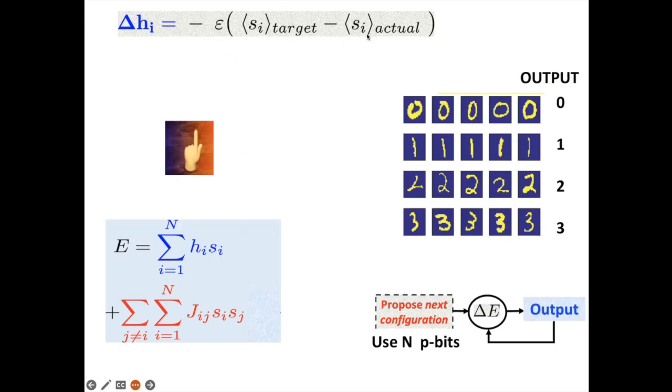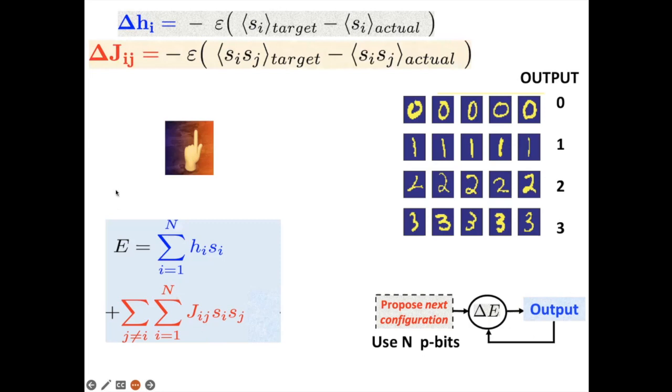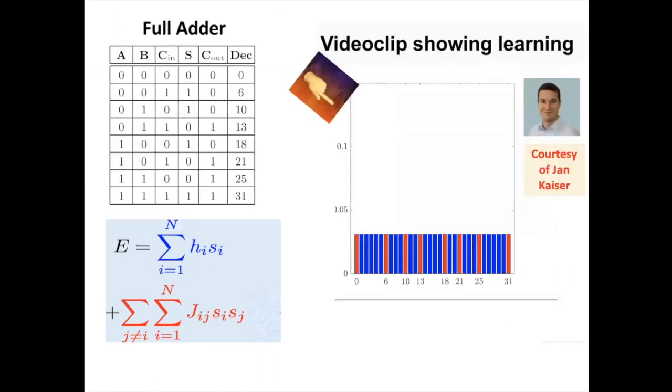So if what you're getting is less, so this is positive, then you should reduce H, because what you're getting is less, you want to make it more. With a similar argument, you can see what you should do about the two-body terms also, but in this case you have to look at the correlations of S_i and S_j, etc. So you can show many images and thereby train this energy function with these H and J parameters, so that it can then be used for doing inference problems. So this is just a toy example.